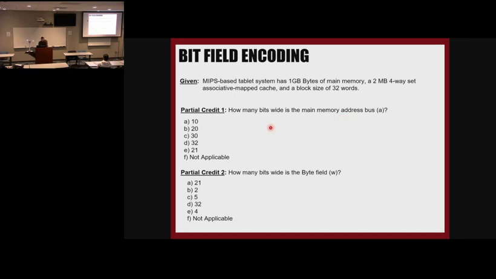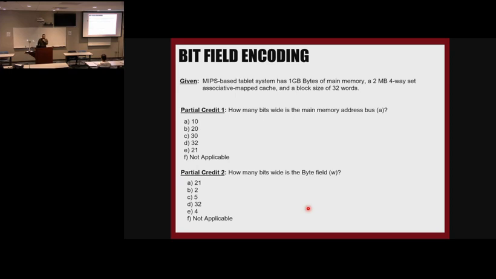So now let's start with this one. The first question is, and I do want you to participate in this one: how many bits wide is the main memory address bus, or the parameter A in the bit field encoding? We have an answer for choice C. Who else thinks that C is the right answer? Allison, Blake, Christopher, Rahul.